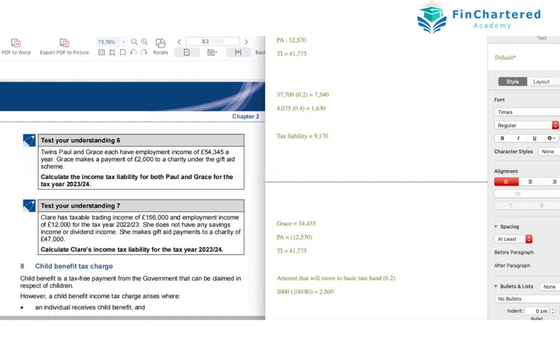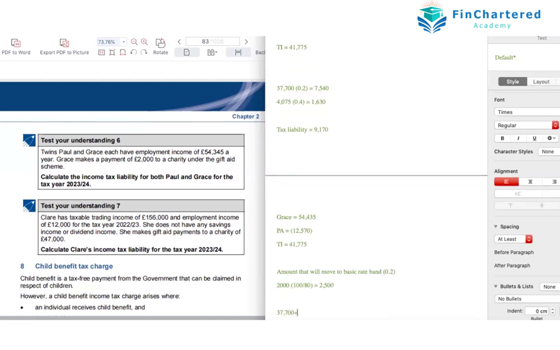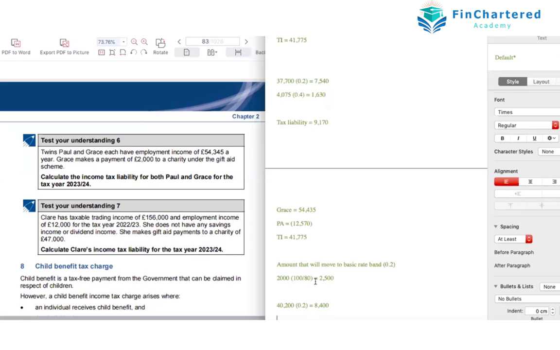So in the case of Grace, 37,700 plus 2,500, how much is it? 40,200 will be taxed at the lower rate of 20%, which is 8,040. And the balance amount, how much is it? Think about it. 40,200 has been taxed at the basic rate, so the balance will be 1,575.